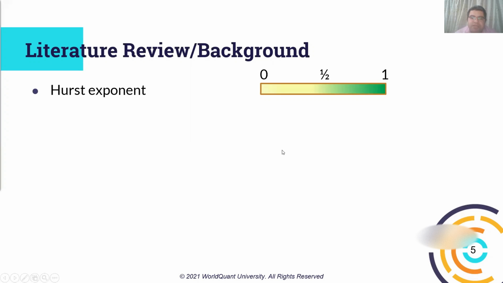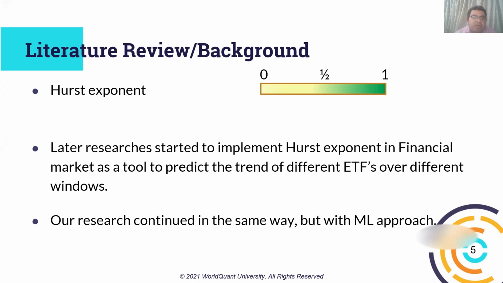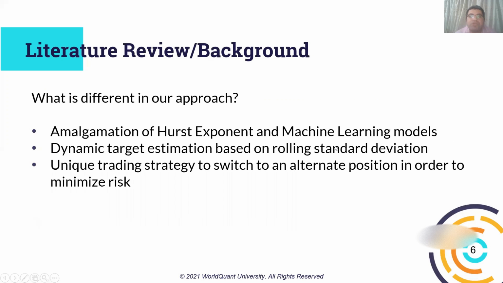Later research started to implement the Hurst exponent in financial markets, because it was introduced actually for hydrology science, but using it in financial markets as a tool to predict the trend of different ETFs over different windows. In our research, we continued in the same direction, but using a machine learning approach.